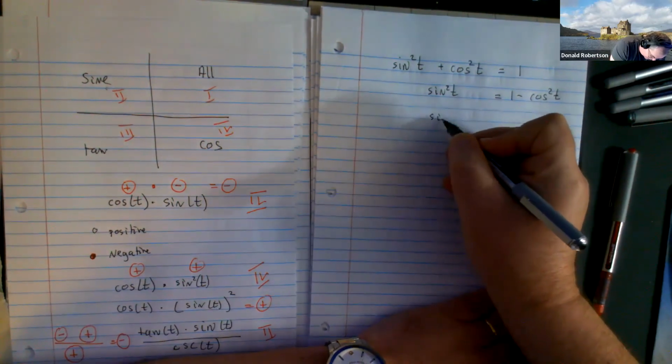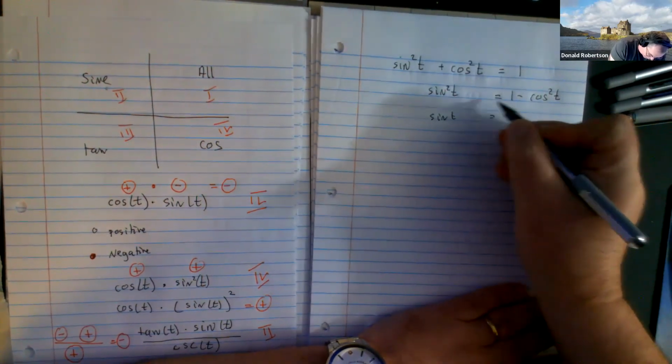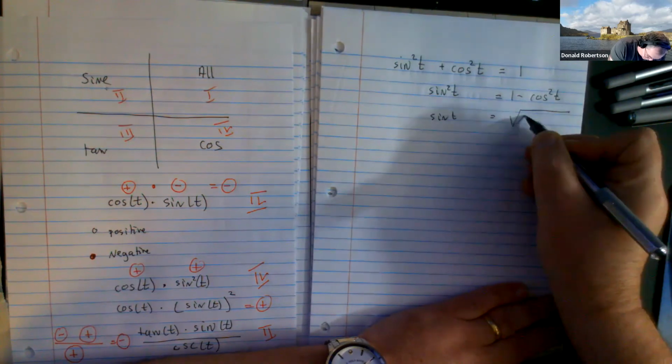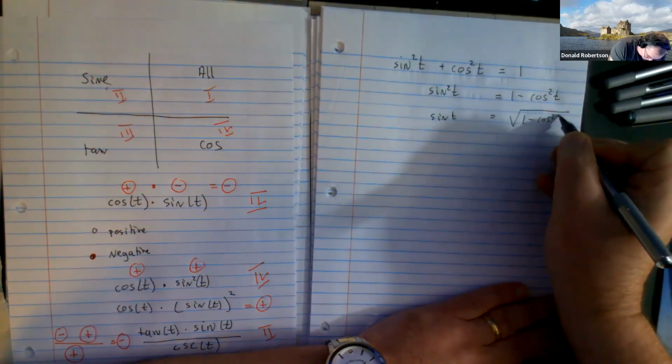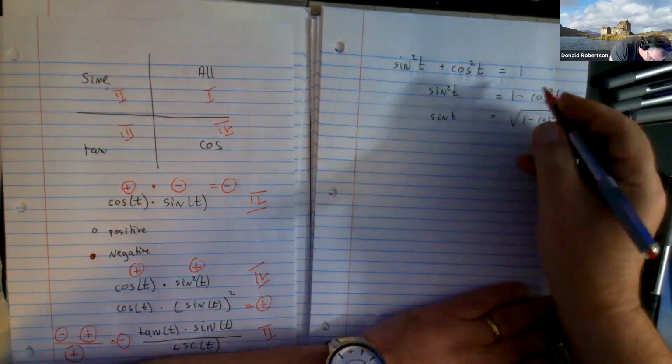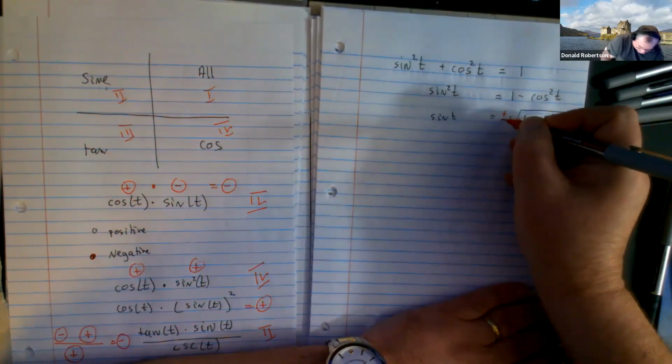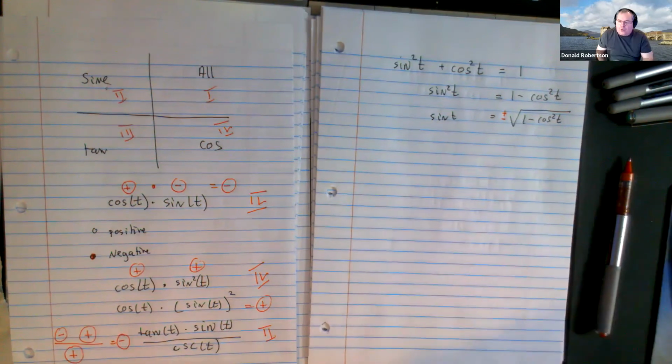If you then take the square root of both sides, you will get this. But bear in mind, because you have taken a square root of both sides, there are two possible answers.